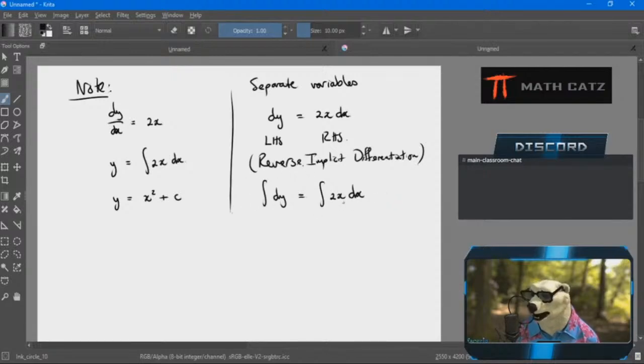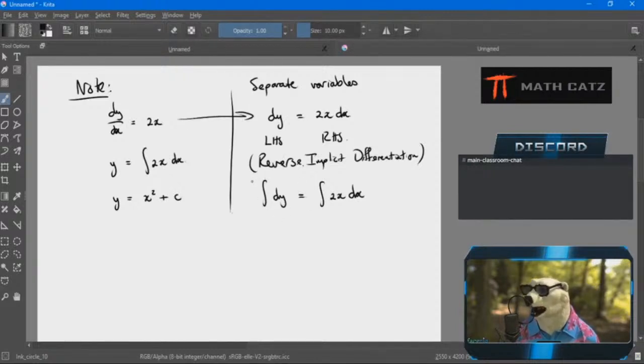This isn't quite complete until I've resolved each of these antiderivatives, but we just write it like this as an informal next step.